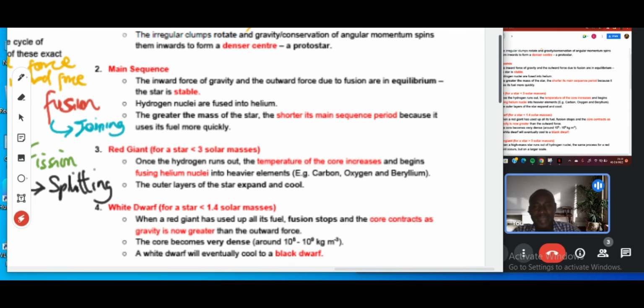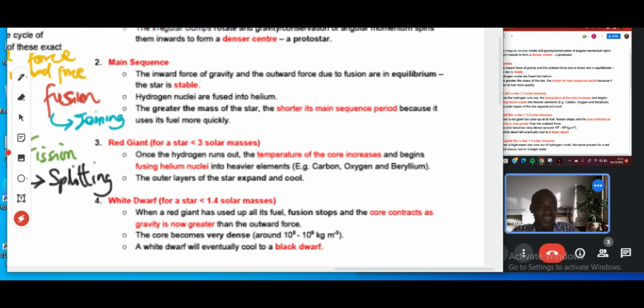Now, depending on the size of the star, if it is a star less than 3 times the size of our own star, it forms a red giant when the hydrogen runs out. You know, it's hydrogen that is the fuel for fusion.